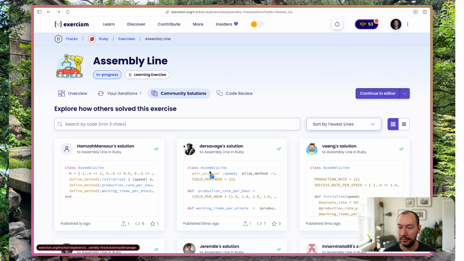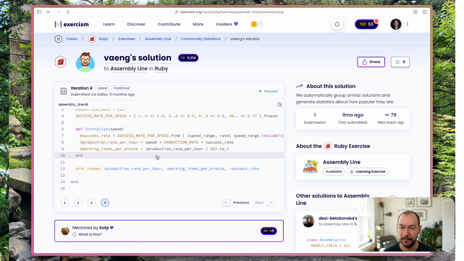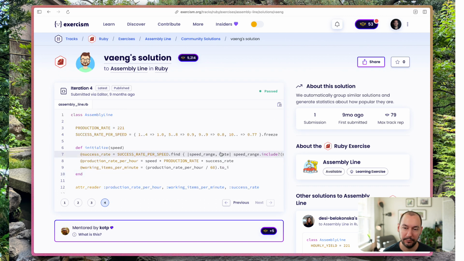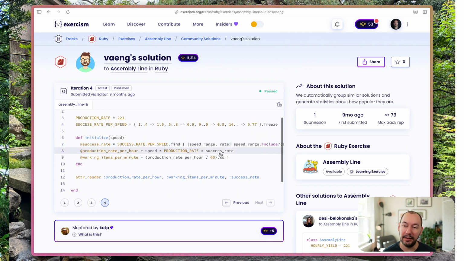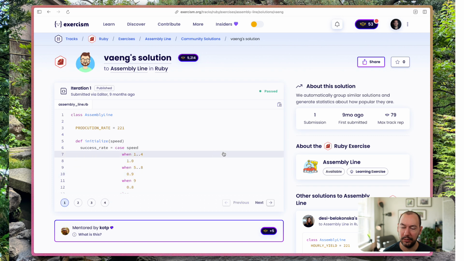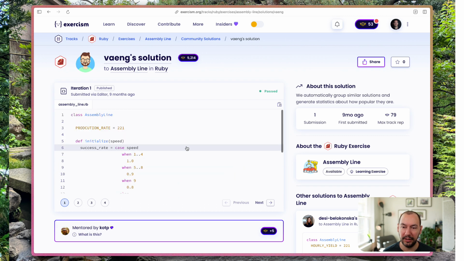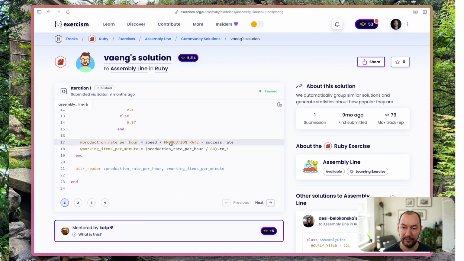Huh? I don't know why it's not showing. I think this is bad. Well, okay, so this person seems really keen on initializing everything.